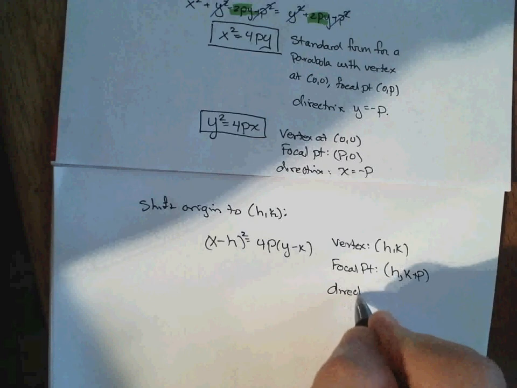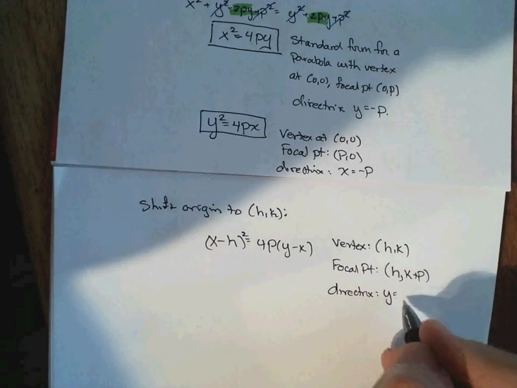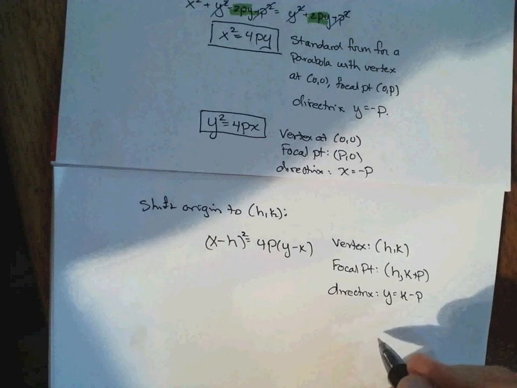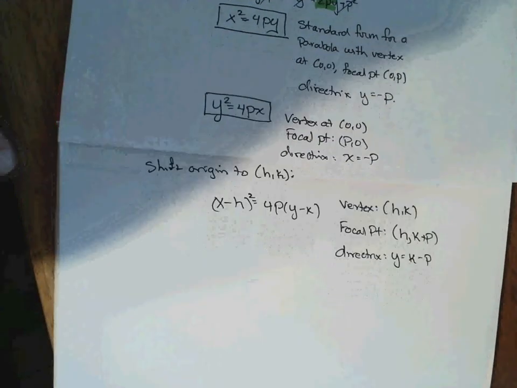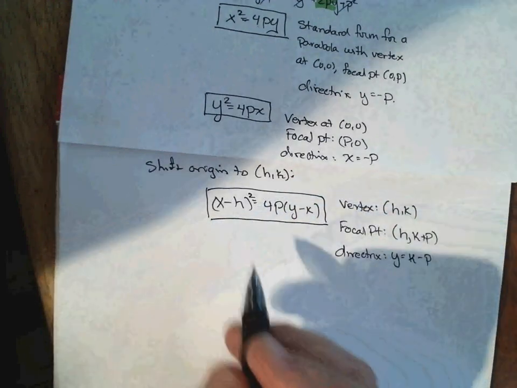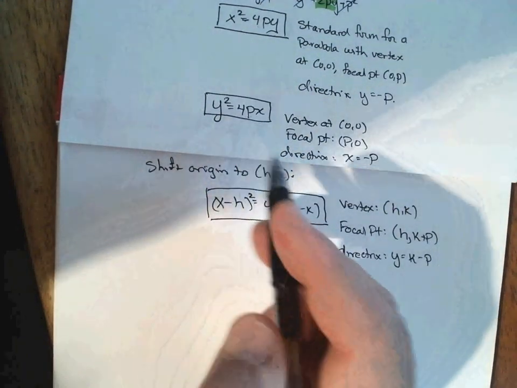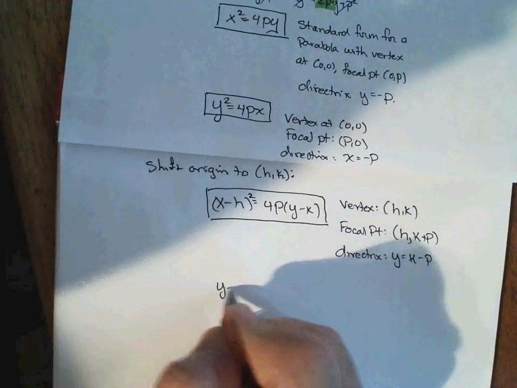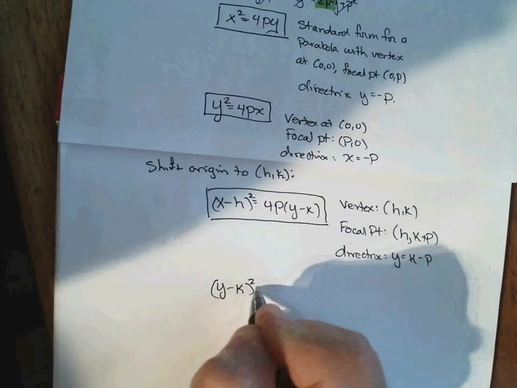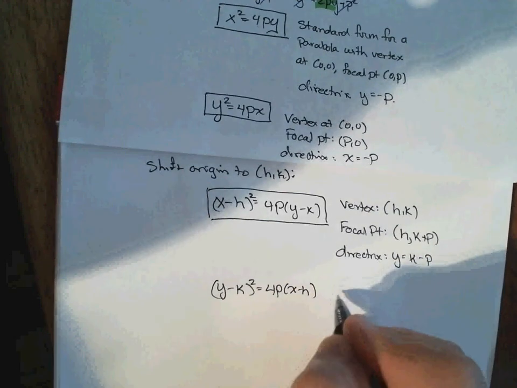And the directrix is going to be the line y equals k minus p. Okay. Likewise, if you were using this form here with the parabola that opens sideways, you would have y minus k squared equals 4p times x minus h.